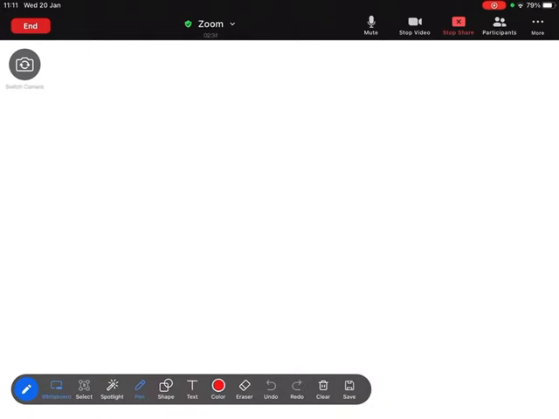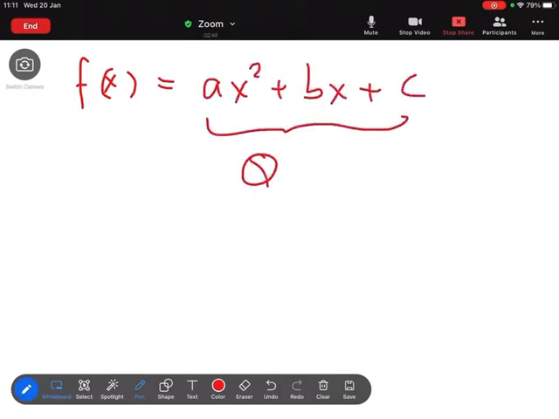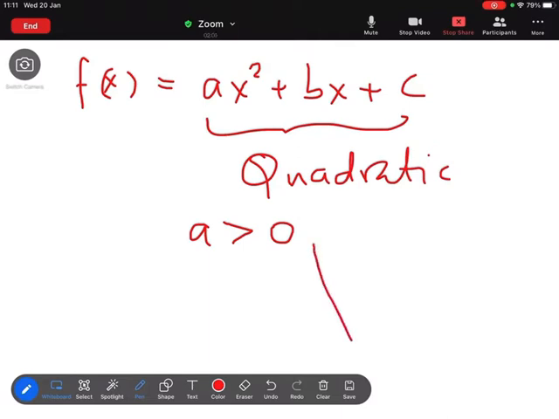An introduction had been done in our previous lesson, whereby assuming we have a function f(x) equals ax squared plus bx plus c, given that this is a quadratic function, and assuming that the value of a is greater than 0, then we know that the sketch of the graph will be looking as such.